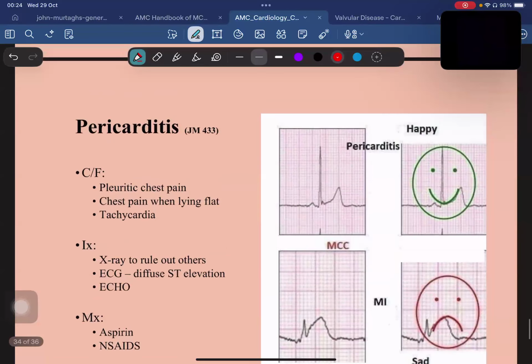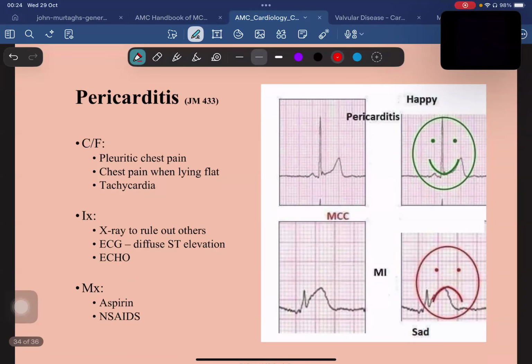We have pericarditis next. Again, in that we have the common clinical features like pleuritic chest pain, and then you would also see chest pain when lying flat, and tachycardia. For investigations, we would just go for an X-ray to rule out others.